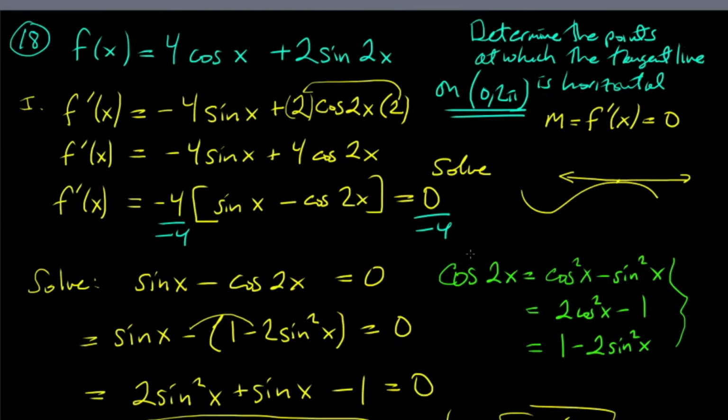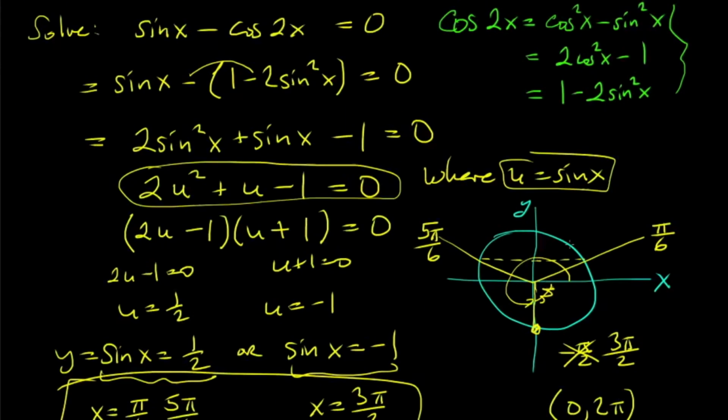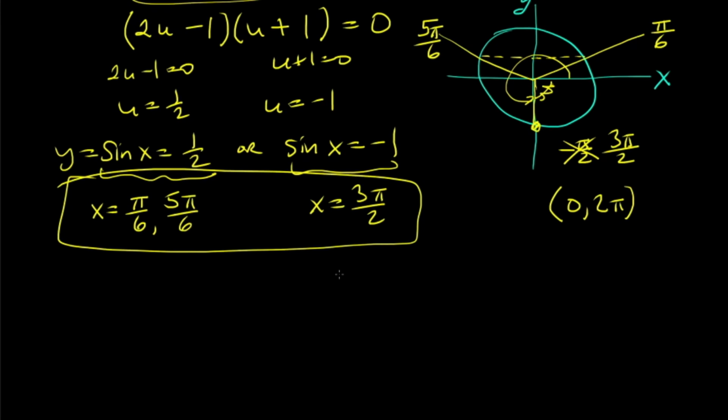And we're still not quite done because the question is to find the points at which the tangent line is horizontal. We only found the x values. We're looking for x and y. So what is y when x is pi over 6, 5 pi over 6, and 3 pi over 2?